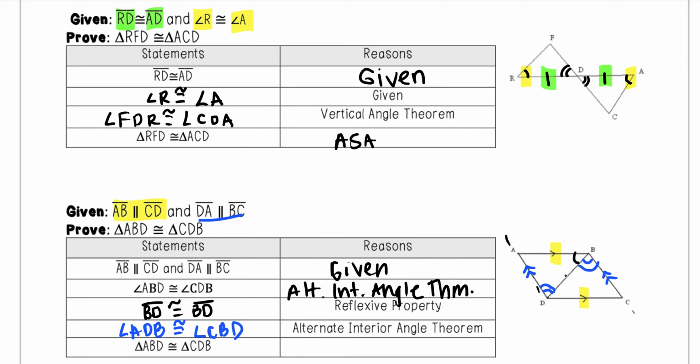Well, we have the reflexive property giving us that DB is congruent to itself. We've got CDB and ABD congruent to each other, and then ADB and DBC congruent to each other. So we have an angle, a side, and an angle, and the side is shared between those two angles. So the angle side angle theorem makes these two triangles congruent.